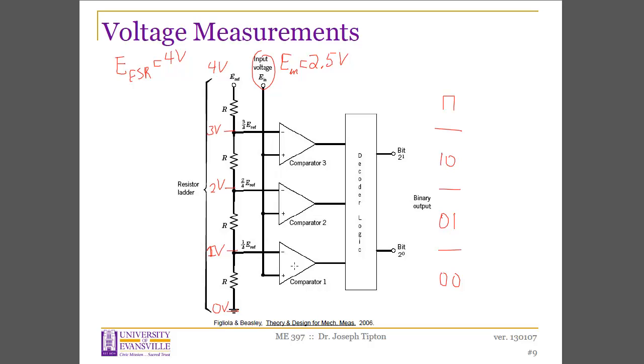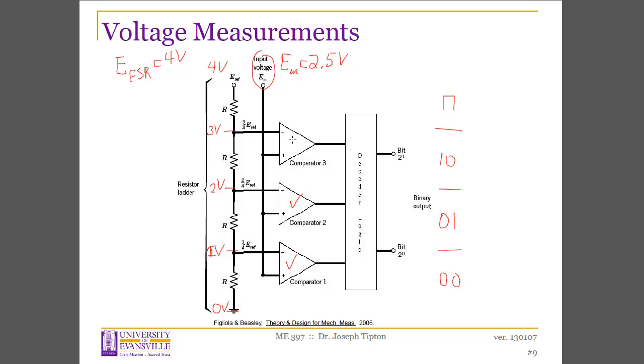Well, let's look at this comparator. It's going to take the input voltage and compare it with 1 volt. It's going to be greater than that, so we'll say that trips. Then we have our second comparator, op-amp, which is going to be comparing the input voltage to a 2 volt reference signal. It's going to be greater than that, so it passes that one.